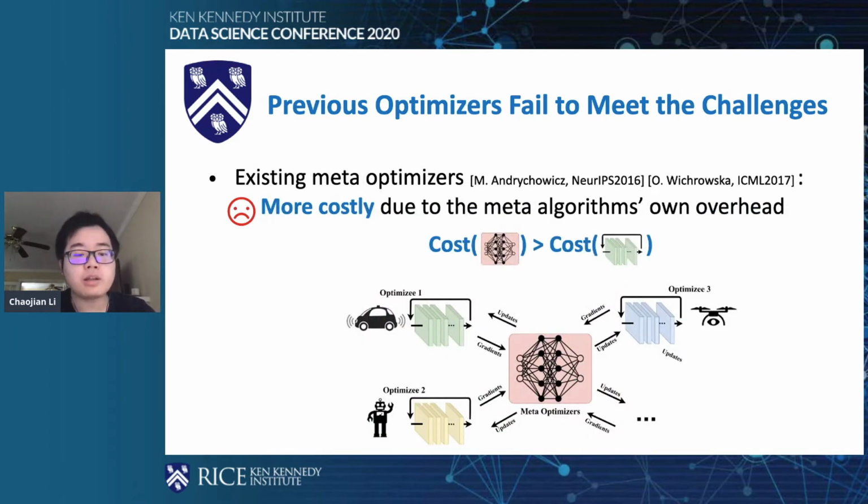Another kind is neural optimizers. Unlike the traditional handcrafted optimizer with a manually designed mapping from gradients to updates, neural optimizers use a neural network for such mapping. Their input is the gradient from the optimizee, that is the machine learning model to be optimized during adaptation, and their output is the update for that optimizee.